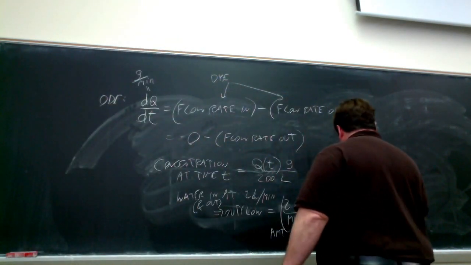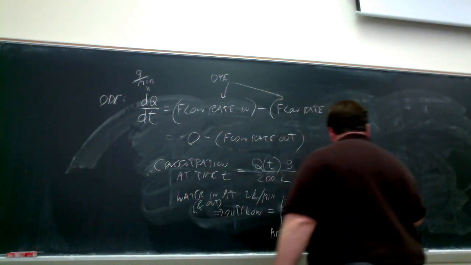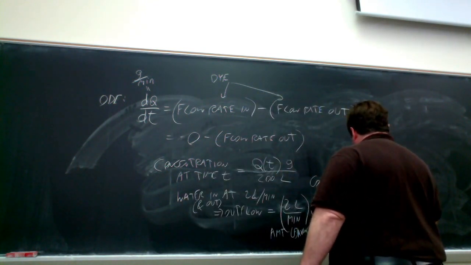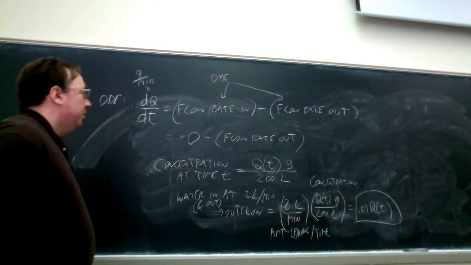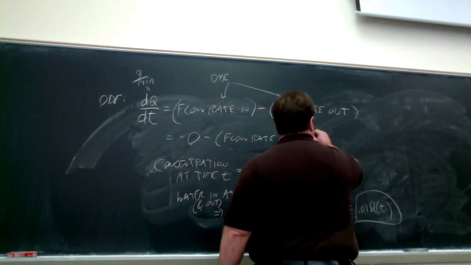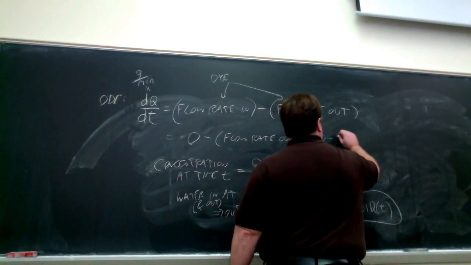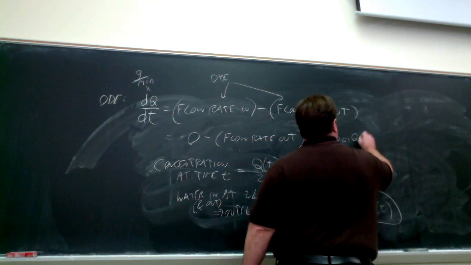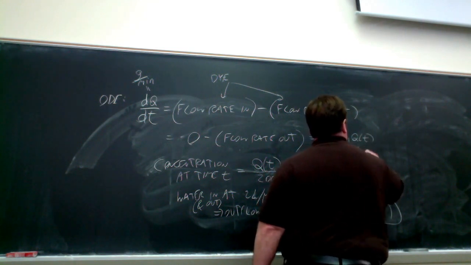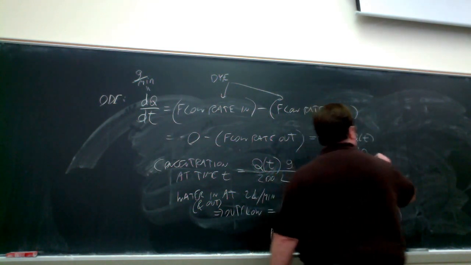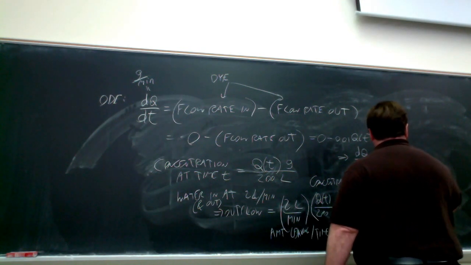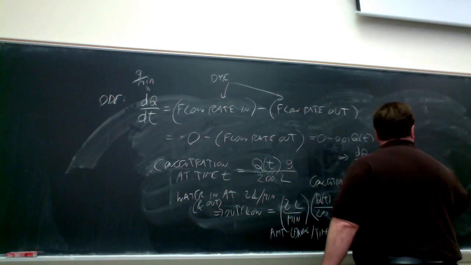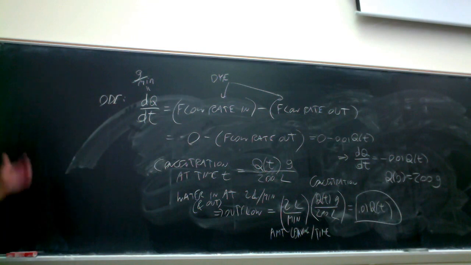So we have 2 over 200, so 0.01 Q of t. That is your outflow. Now our differential equation is complete. dQ/dt is minus 0.01 Q of t, and our initial condition from before is Q of 0 is 200 grams, because the initial concentration is 1 gram per liter.